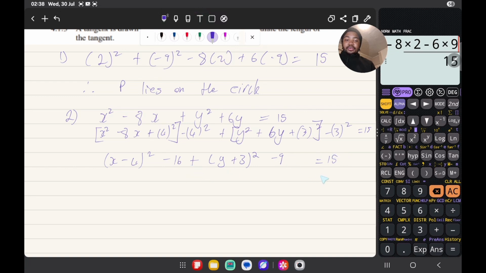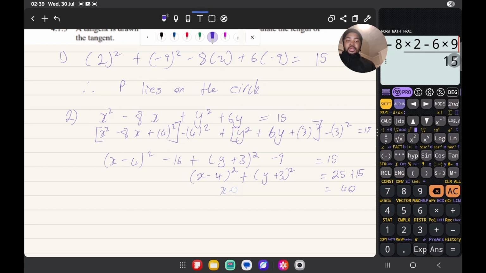So this side you're going to have 25 plus 15, which is 40.